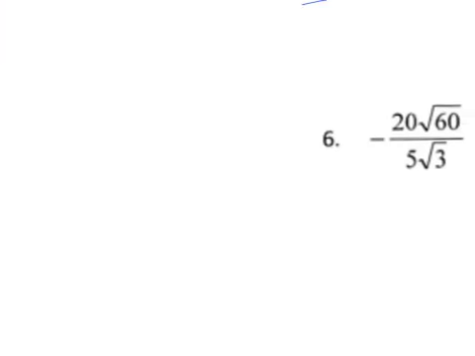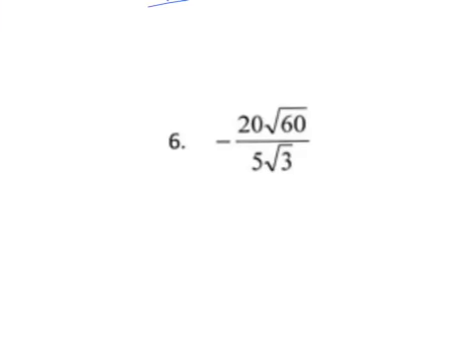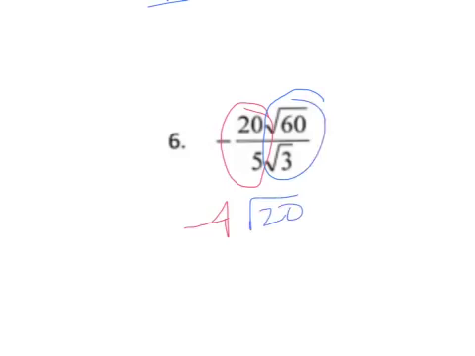So watch this one. In this case, we are going to divide the 20 by the 5, and it's going to become negative 4. And we are going to divide the 60 by the 3, and it's going to become radical 20. Now, unfortunately, you're not done, because radical 20 could get broken down into 4 and 5, which is 2 root 5.